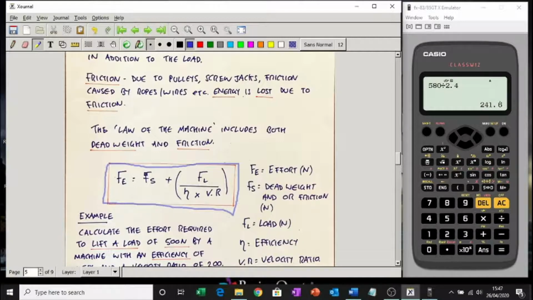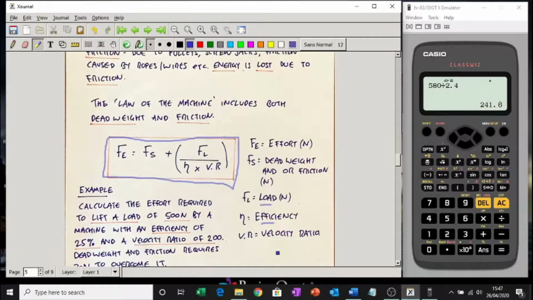This Fs is just a number for the dead weight and friction. So you'll have a number, it'll just say 50 newtons is required to overcome the dead weight and friction. So that is just a number. Plus, all in brackets, FL is the load. That symbol there is efficiency, and VR is velocity ratio. So that's just another way of working things out using friction.